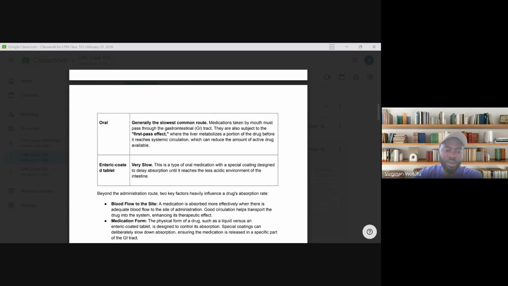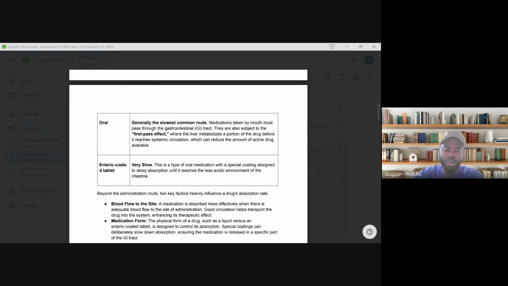Then we have the enteric coated tablets. These are very slow because the medications are often coated or designed to delay absorption until they reach a less acidic environment, right?